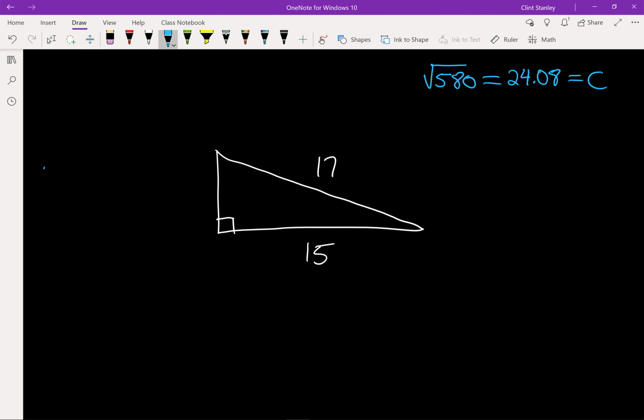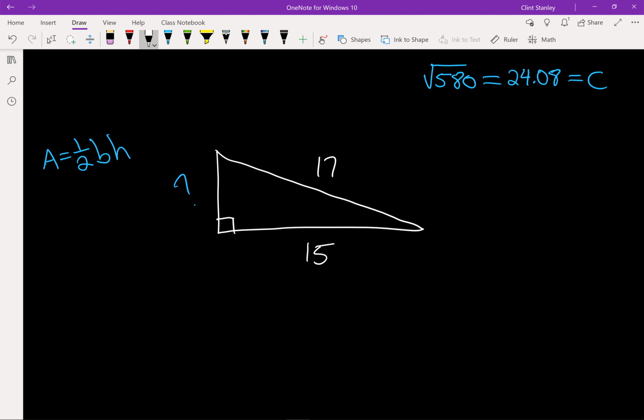And to get our area of a triangle, we got to have a side that's going straight up and down for H for our height, and you can't have a slanted side for your height. So that means we have to figure out this side over here. So again, we got to go back to Pythagorean theorem.